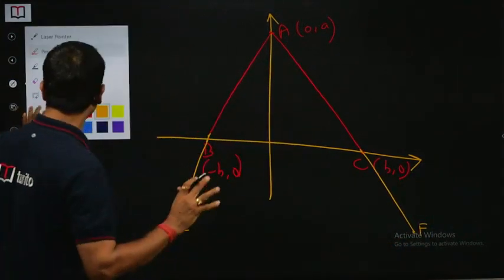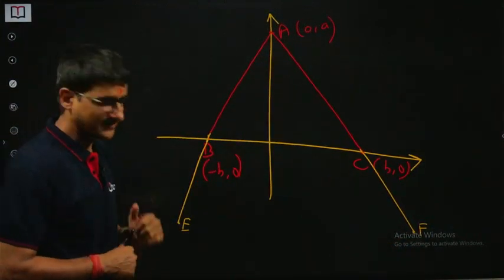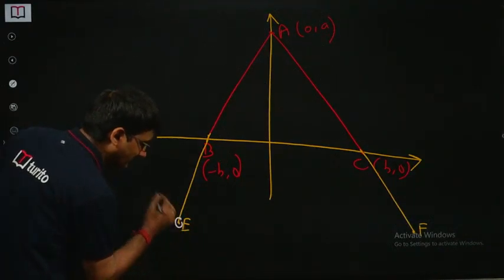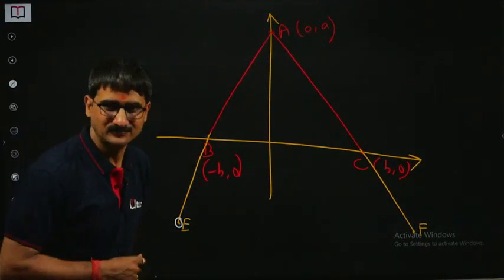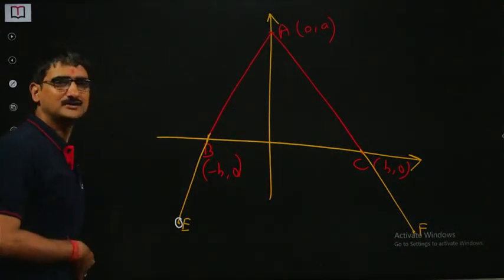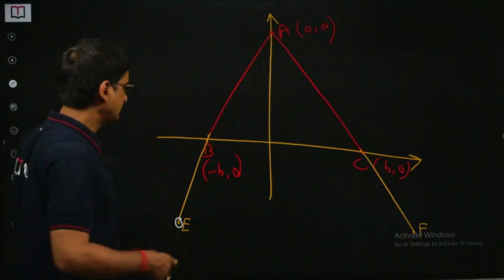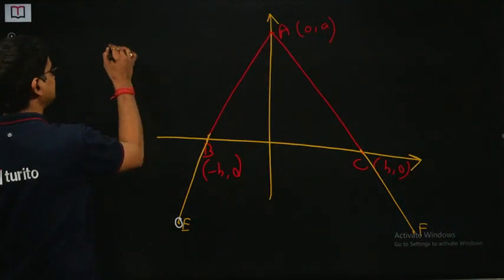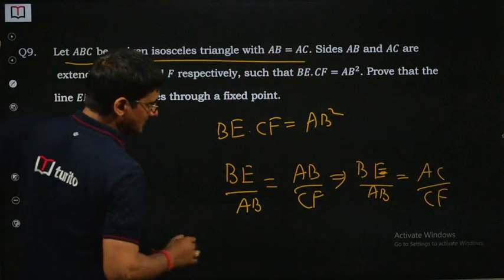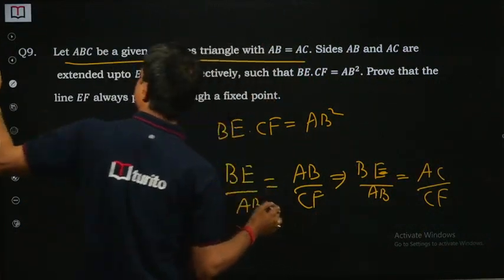Now I'm telling you what to do because it's a very lengthy one. So get this point. How? Using section formula. We are given AB is to BE.